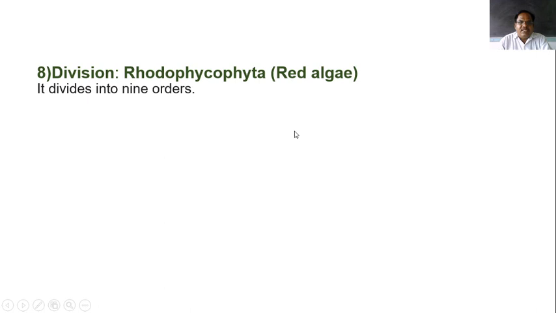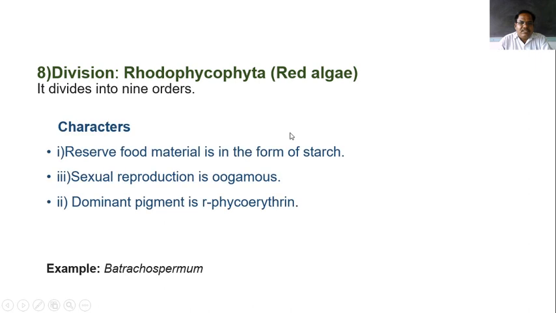Next is the red algae, known as the Rhodophycophyta. What are the characters of this one? Reserve food material is in the form of starch, and the dominant color pigment is R-phycoerythrin. Sexual reproduction is oogamous type.